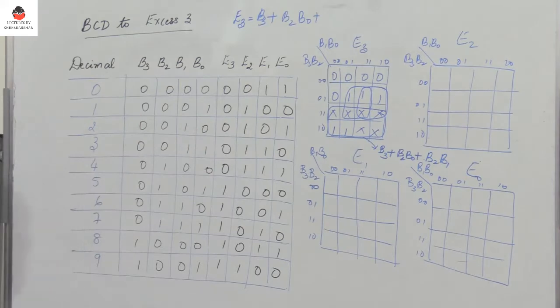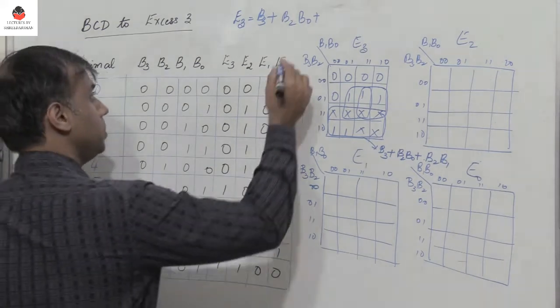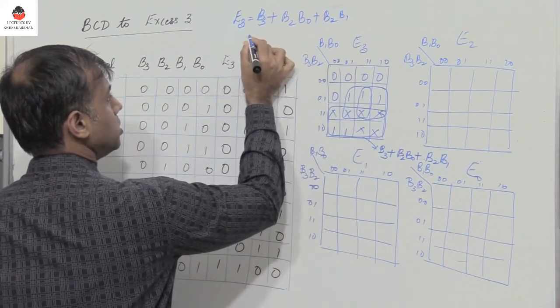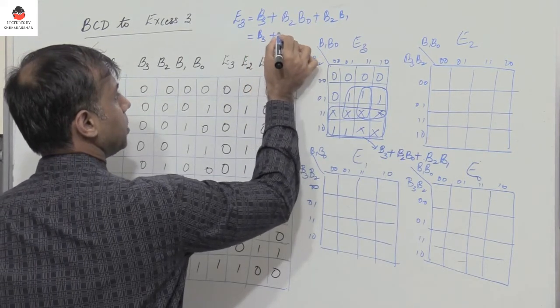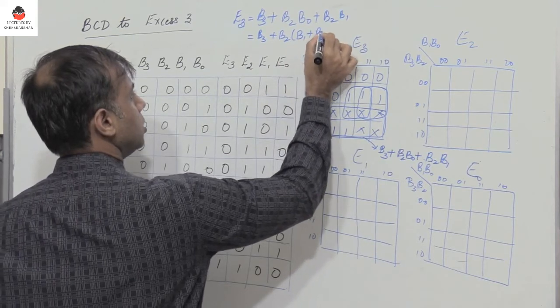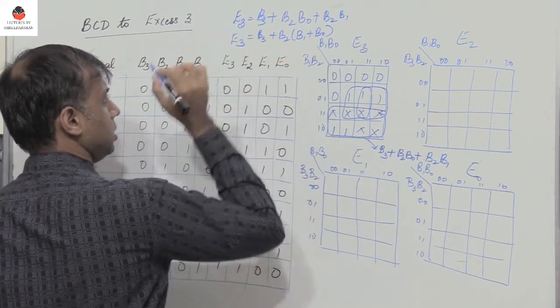So therefore the expression for E3 is B3 plus B2 B0 plus B2 B1. So I can take B2 common, so that will give me B3 plus B2 into B1 plus B0. So this is the expression for E3.